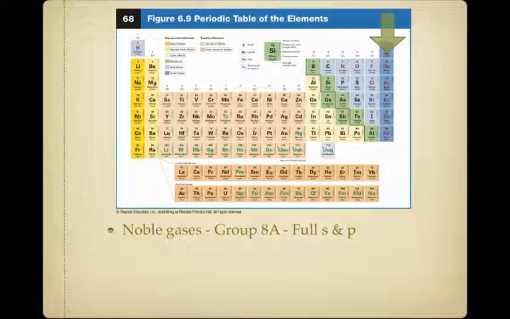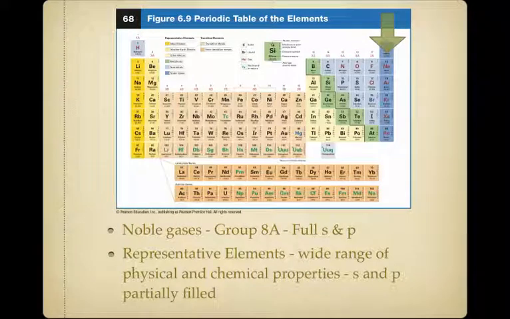Now, helium doesn't have any p sublevel because it only has 2 electrons, but all the other ones have full s's and p's. In other words, helium is going to end in 1s2. Neon is going to end in 2s2, 2p6. So it's always s2, p6. Argon is going to end in 3s2, 3p6, and so on. The noble gases are always going to be like that.